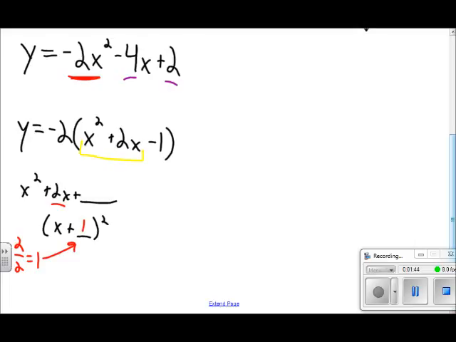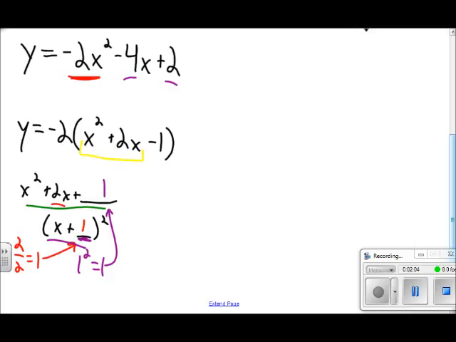So it's going to be x plus 1 squared. We need to take this value of 1, square it, which gives us 1. This value is what goes in to this piece here. So now we have our perfect square binomial and our perfect square trinomial.